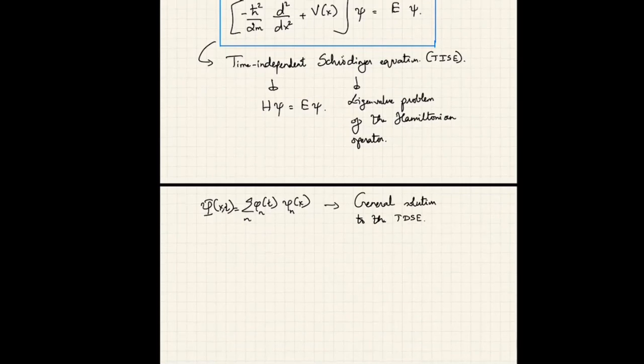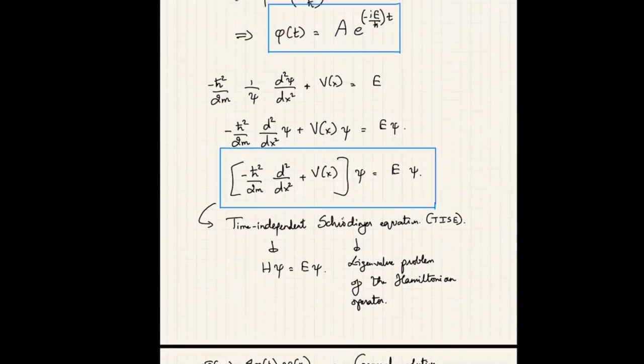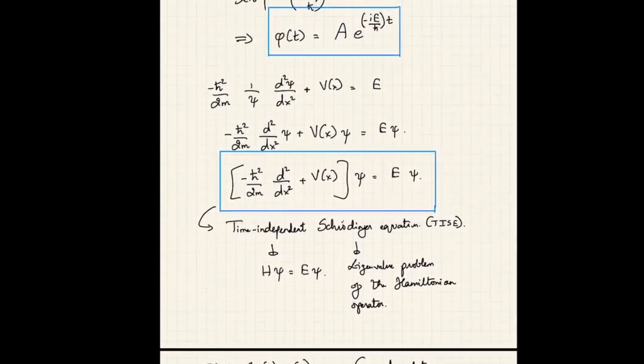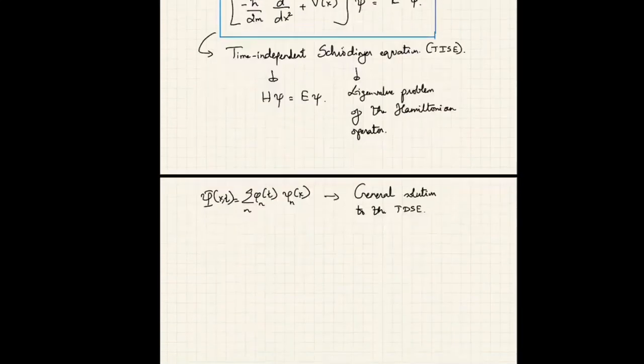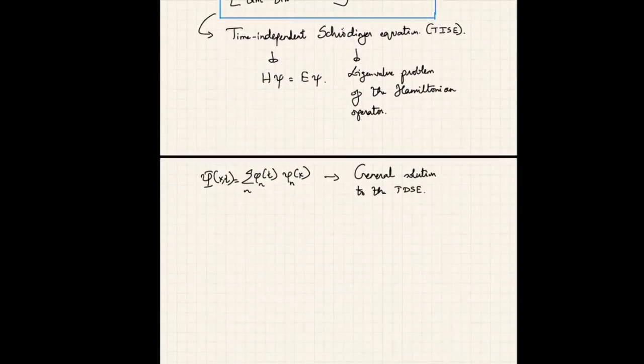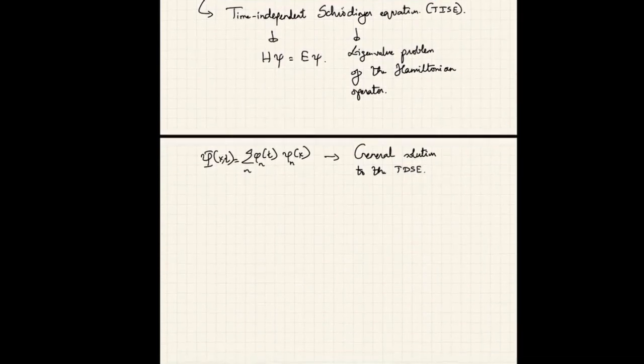Okay, so notice very carefully that even though each one of these states for the separable solutions has a very simple time dependence, the general solution will not have a very simple time dependence, and this is because of interference effects. Let's consider a very simple case.